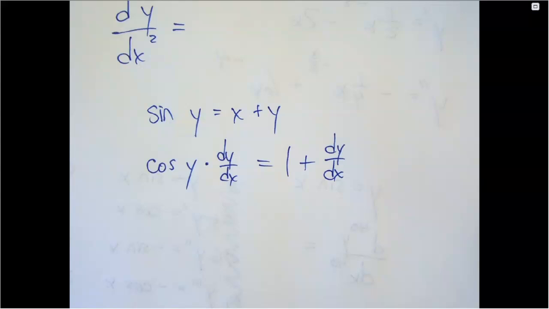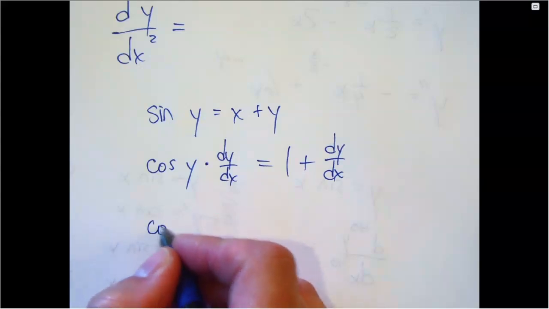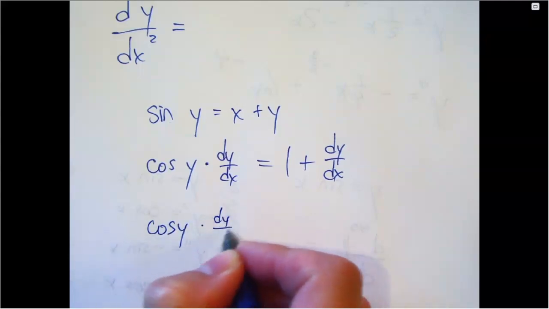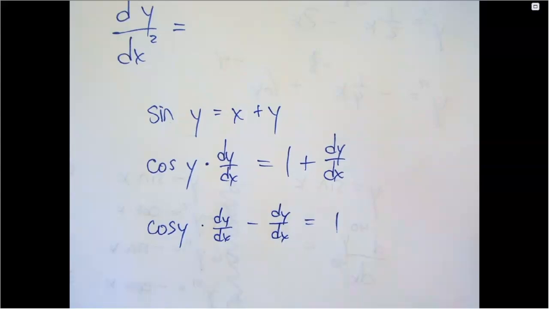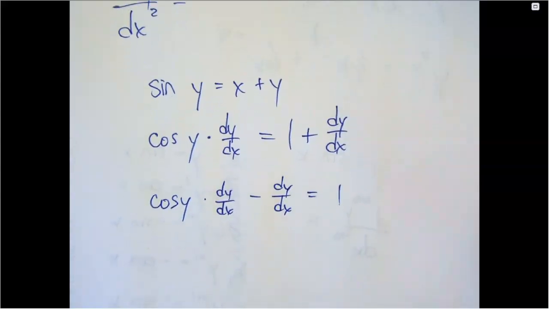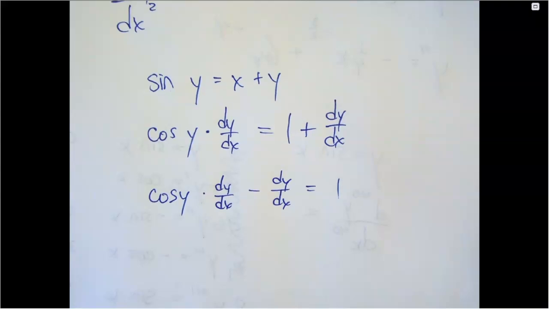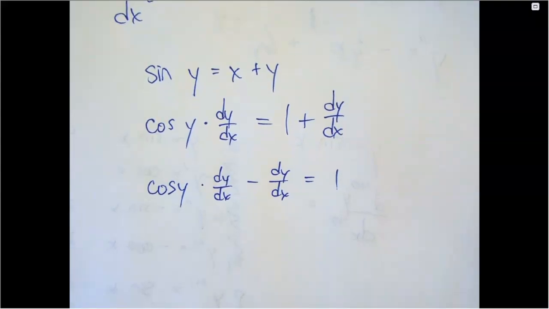So then I want my dy/dx all on the same side so I can solve for it, so I subtract the dy/dx from both sides. But the dy/dx is in 2 spots now. What do I do to get it into 1 spot? Factor?